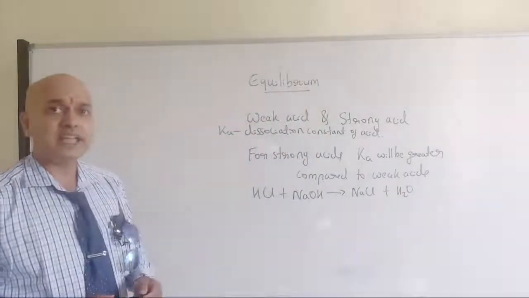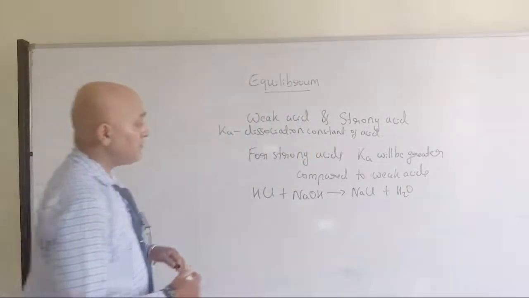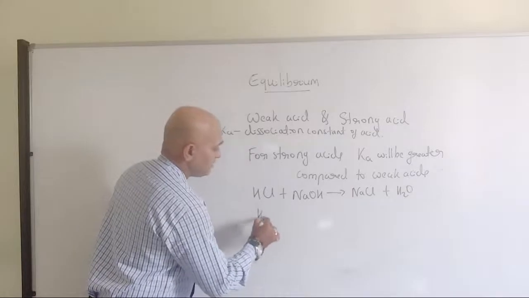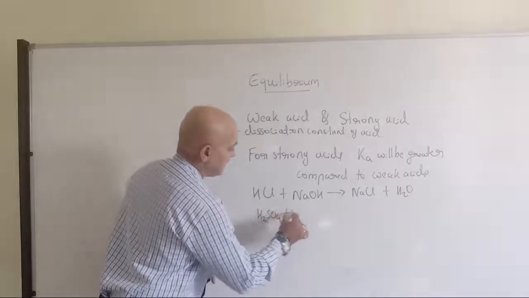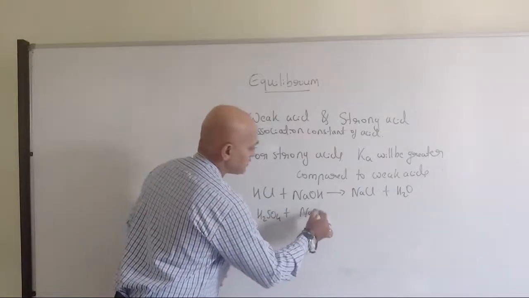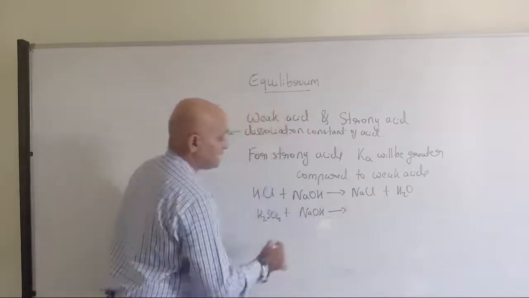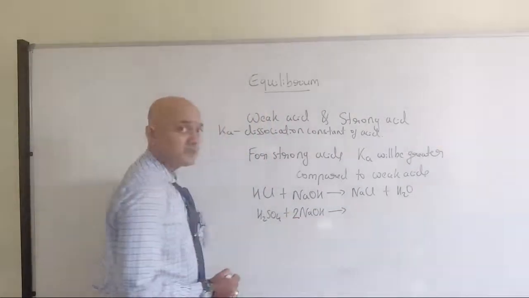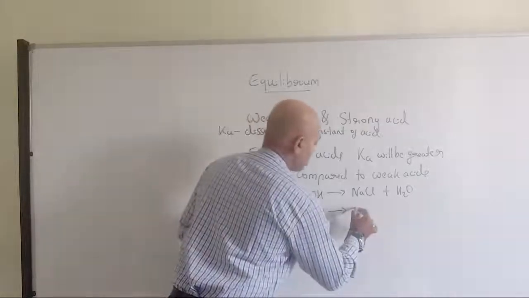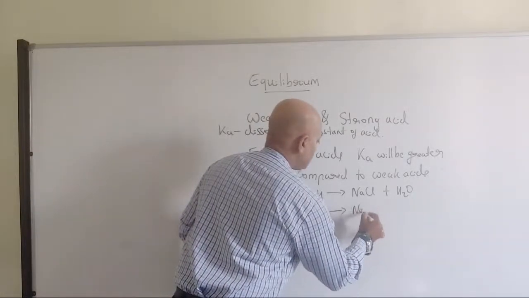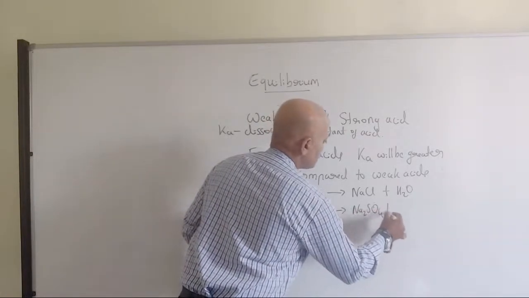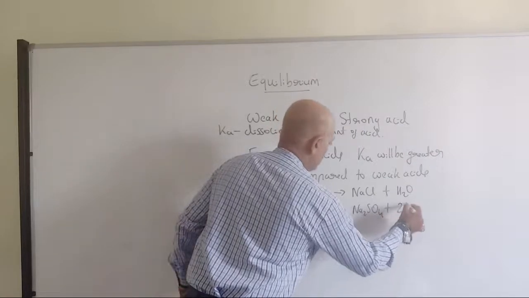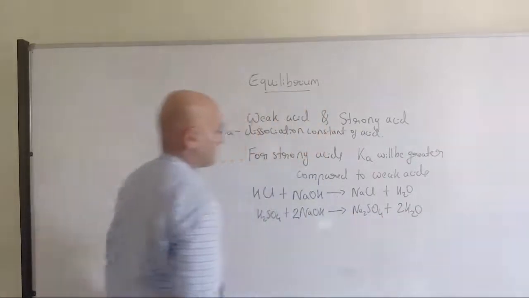But if I take sulfuric acid and treat it with sodium hydroxide, naturally I will require 2 molecules of sodium hydroxide, where I get Na2SO4, sodium sulfate, and 2 molecules of water.